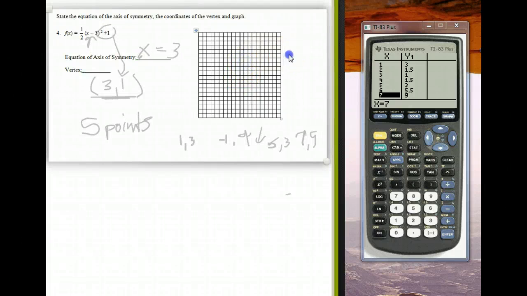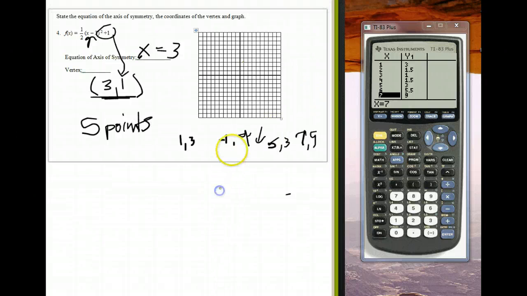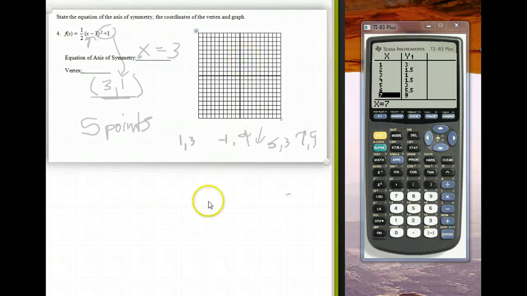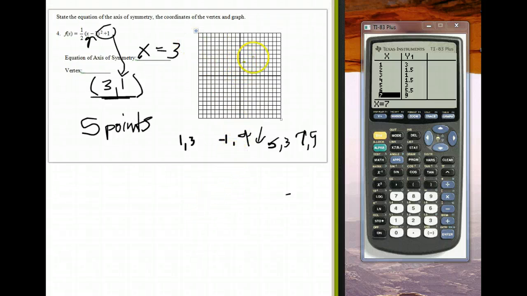This is always such fun with this graphing tablet. Okay, 1, 3 is here. This is not going to be fun. Alright, 1, 3. Then 5, 3: 1, 2, 3, 4, 5, 3.